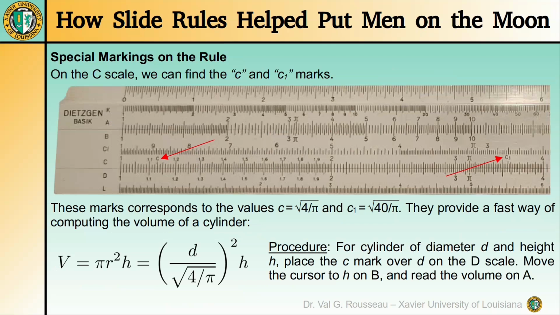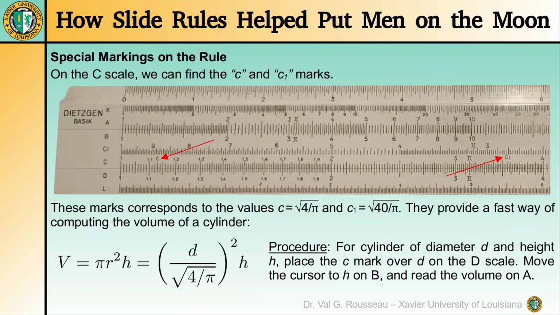Finally, on the C scale, we can find two markings labeled as C and C1. These correspond to the value square root of 4 over pi and square root of 40 over pi, respectively. Among other things, they provide other ways to obtain the area of a circle, but they are particularly convenient for obtaining the volume of a cylinder.